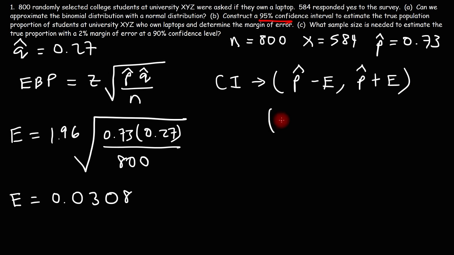So this is going to be 0.73 minus 0.0308. And then to get the max value is going to be 0.73 plus 0.0308.